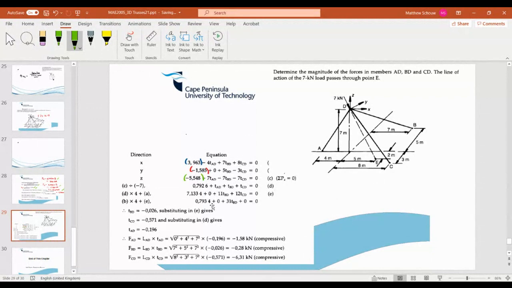Then you compute, get your matrix, and you get your tension coefficients. From the tension coefficients, you can get your lengths. So that's basically all of that in a nutshell. I'll probably post an extra 3 or 4 trusses, maybe 5 if I can find a nice one, for you guys to play around with. But of course, attempt all the exercises in the book, then you should be okay.